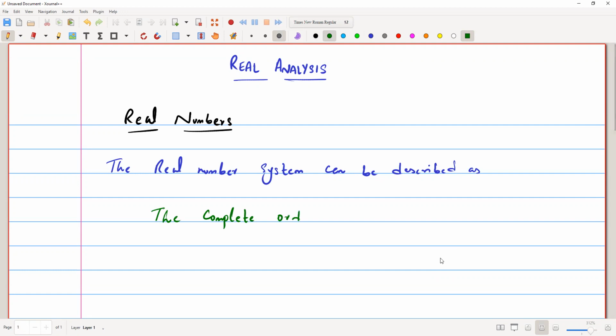So mathematically, we are defining real numbers and we call it the complete ordered field.